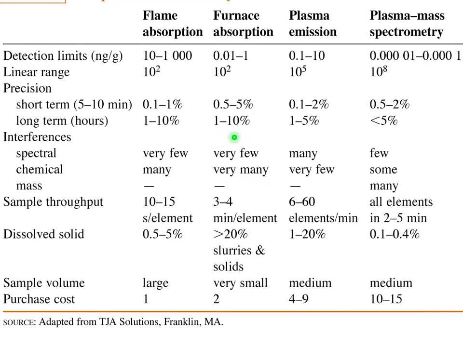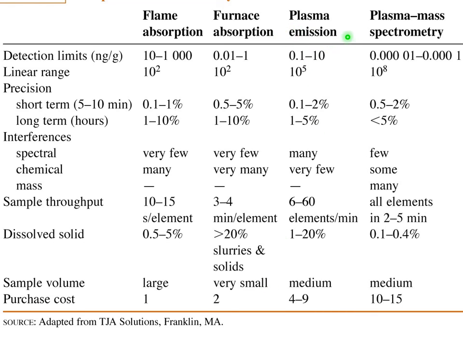You have lots of interferences, but they can be overcome. What's interesting is that because of the very high temperature, you can use slurries and solids. The instrument will be far more expensive, but the sample volume will be very small.